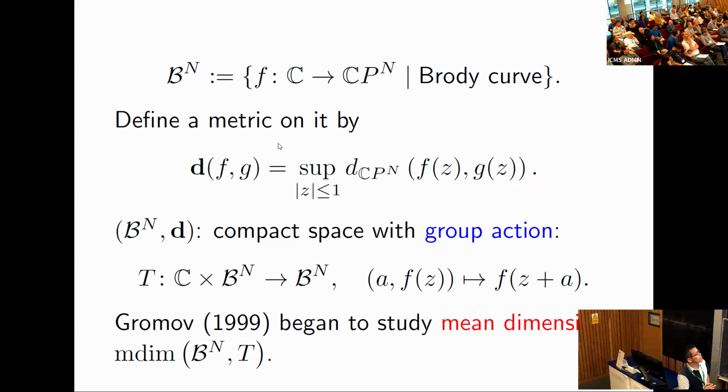This is the space of Brody curves. Under this metric, this space becomes a compact metric space. The important point for us is that it has a natural group action. The group C continuously acts on this space in this way. It is just a translation.